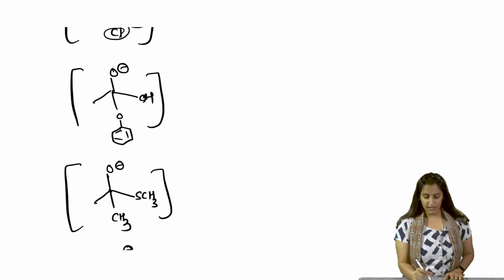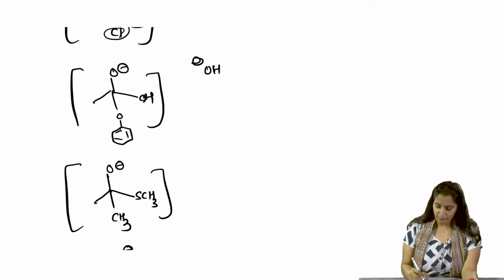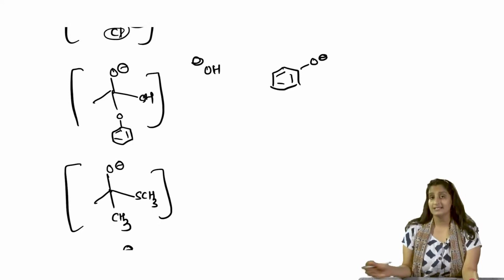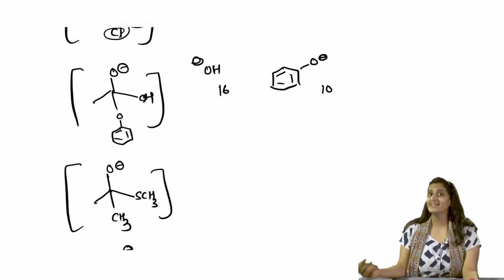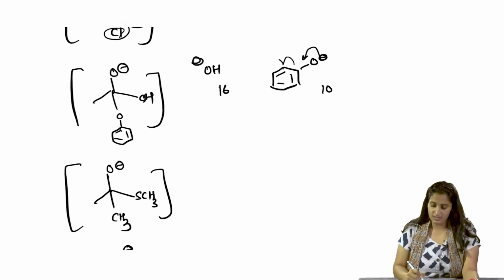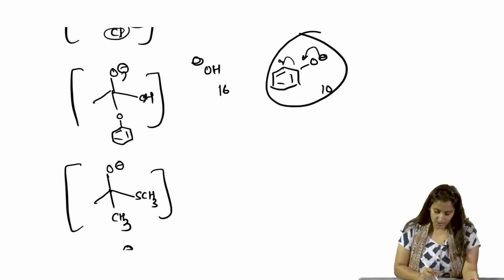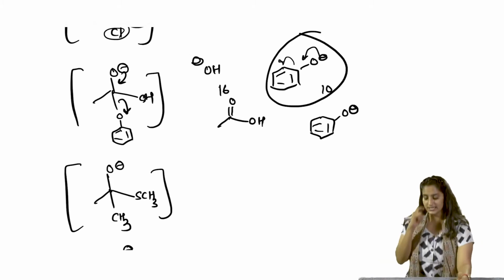Now, in the next one you have OH, which is going to leave as hydroxide as a leaving group, or you have phenoxide as the leaving group. Okay. Phenoxide has a corresponding pKaH of 10, hydroxide has a corresponding pKaH of 16. We know phenoxide is a better leaving group because this is resonance stabilized, right. So, you have a lot of resonance structures into the ring, and thus what we are going to see is you are going to reform the carboxylic acid, and you are going to form the corresponding phenoxide as a leaving group.